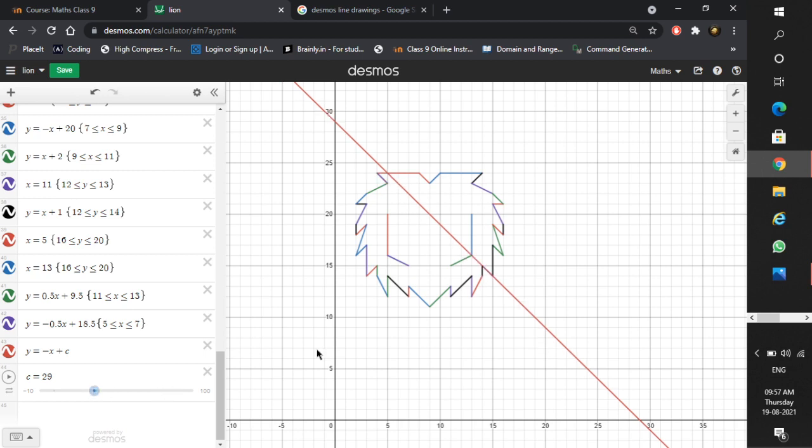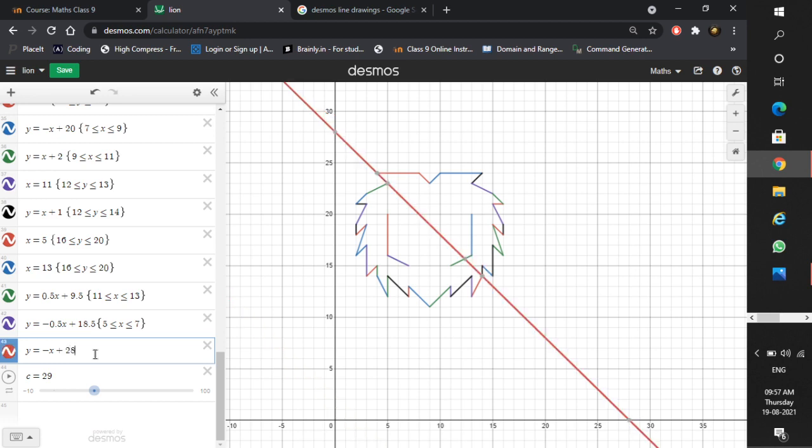So this is basically 28. Then you can put here 28. Now once you get this line, you have to put the restriction. The restriction is x is 4 here and x is 5 here. So you basically have to put the limit from 4 to 5, and you'll get that point.